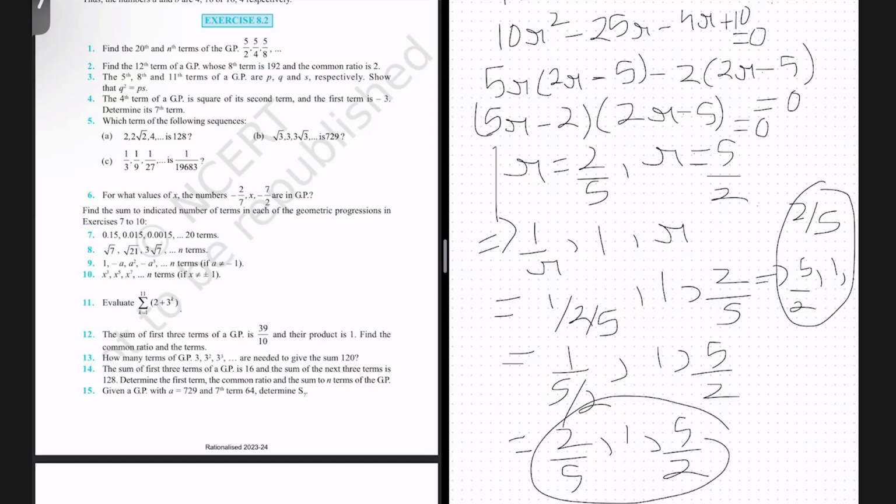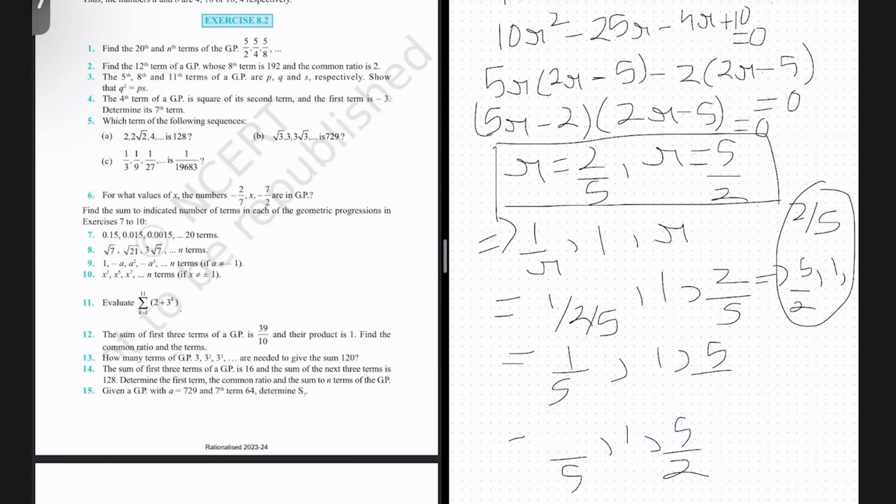Irrespective of the value of R that I choose, the first three terms are going to be the same, and that is what I wanted to show you all here. So the first three terms of the GP are 2 by 5, 1 and 5 by 2. The common ratio is either 5 by 2 or 2 by 5 depending upon what you choose, and the first term A is going to be 1.